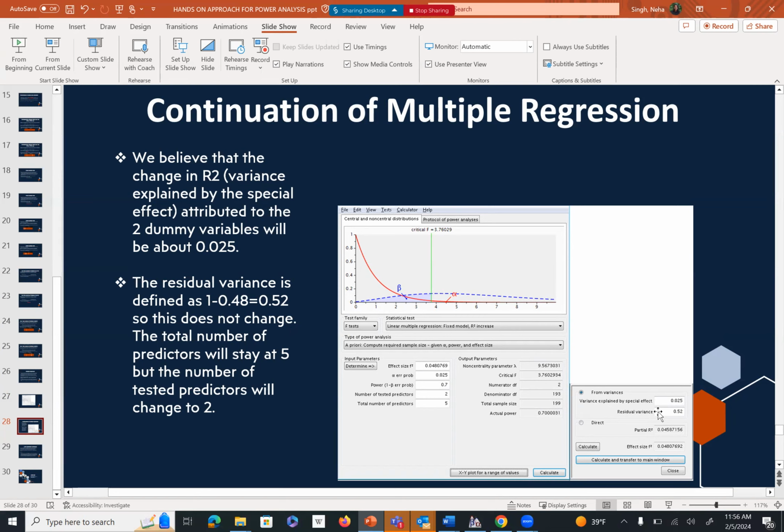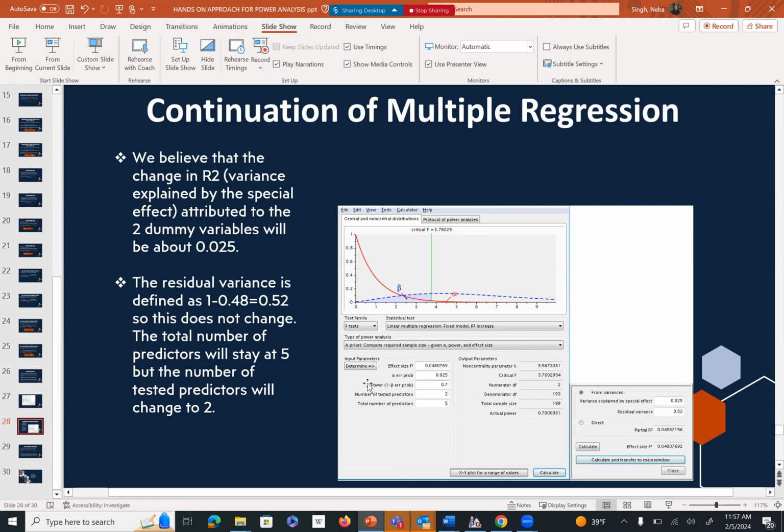So then the residual variance will become 1 minus 0.48. So how much is 1 minus 0.48? 0.52. That will help us calculate the effect size, which was 0.048. And now we can see that if we're looking to test 2 predictors and we have a model with 5 predictors, then we have an effect size of 0.048, which gives us a sample size of 199.